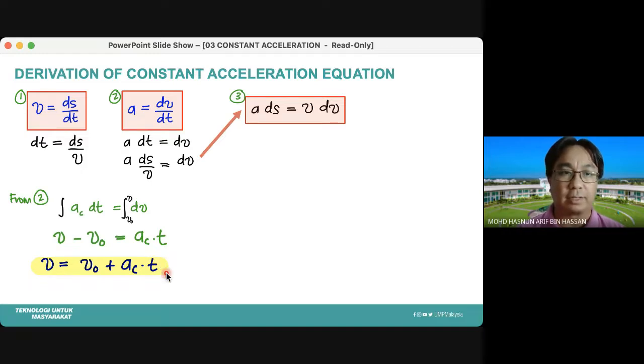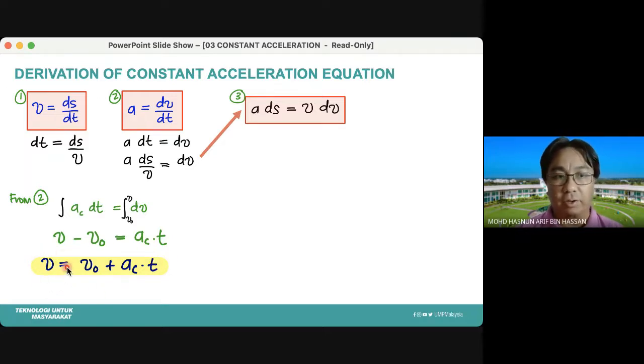If the acceleration is constant throughout the motion, then we can calculate the velocity using this equation, only if the acceleration is constant. Kalau acceleration dia berubah-ubah, kita tak boleh guna these three equations. Tapi the first three basic kinematic equations ni boleh gunalah. But only for the constant acceleration case, we can use this equation.